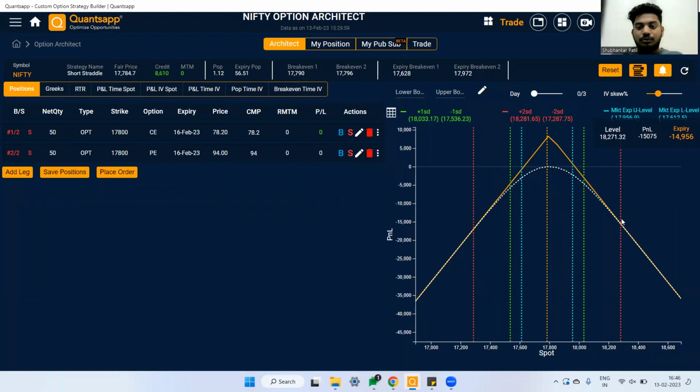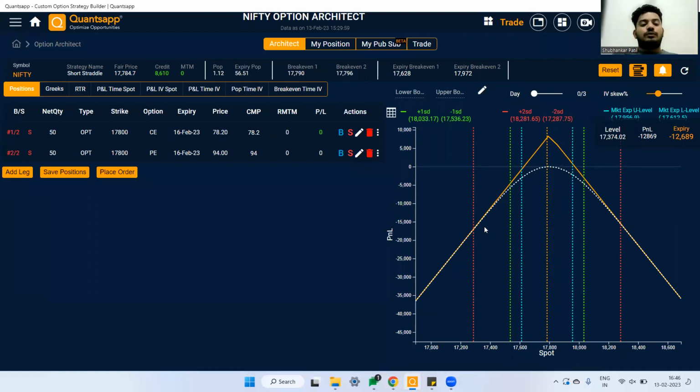Who knows, because nobody knows till the situation happens. And if there is a big gap up or gap down, you will not even be in a position to exit or adjust the trade, because stop losses won't work. If the market tomorrow opens straight away at 17,400, there is nothing you'll be able to do.